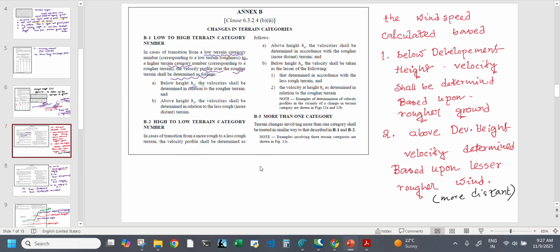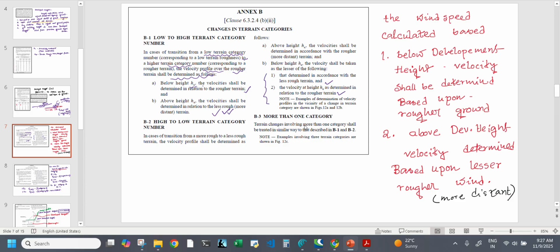the velocity shall be determined in relation to the rougher terrain, and above, the velocity to the less rough terrain. And for higher to lower, if it is below, the velocity shall be determined in accordance with the less rough terrain, and the velocity at the height determined in the rough terrain.